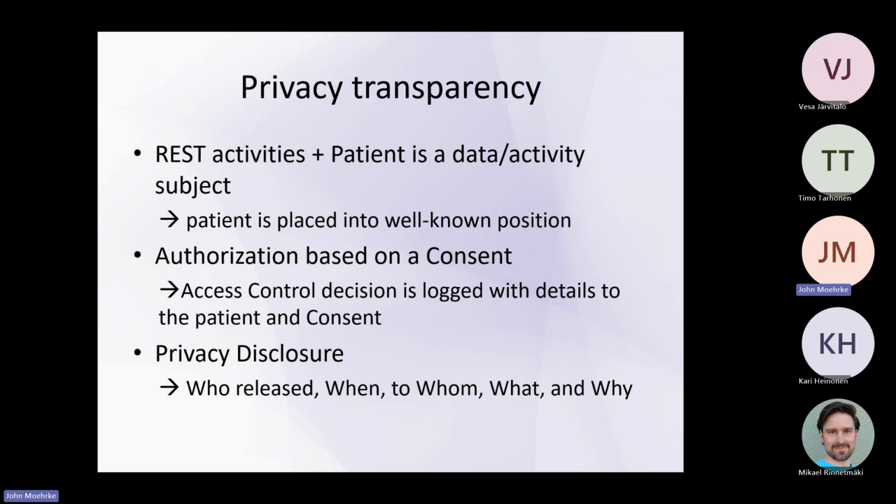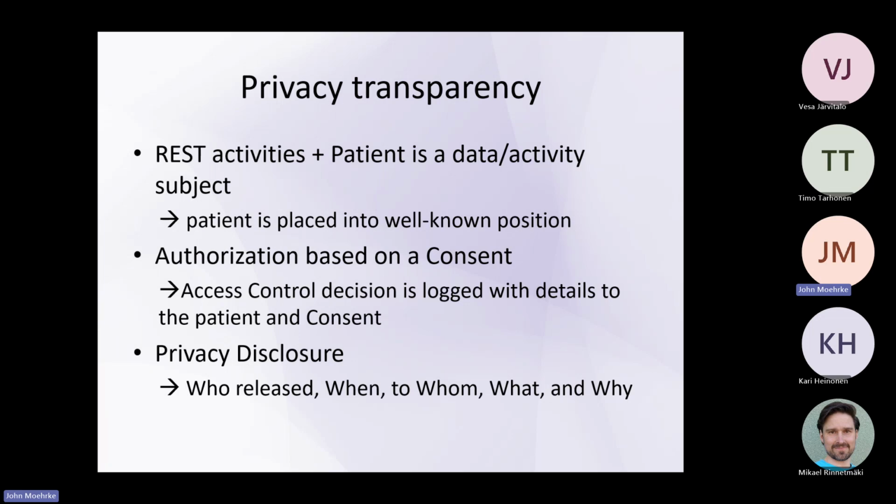There's, as I indicated before, a specific pattern on audit event when an authorization decision is based on a consent. So how do you point at the consent, the specific consent instance that was used to authorize or to reject an access control request?